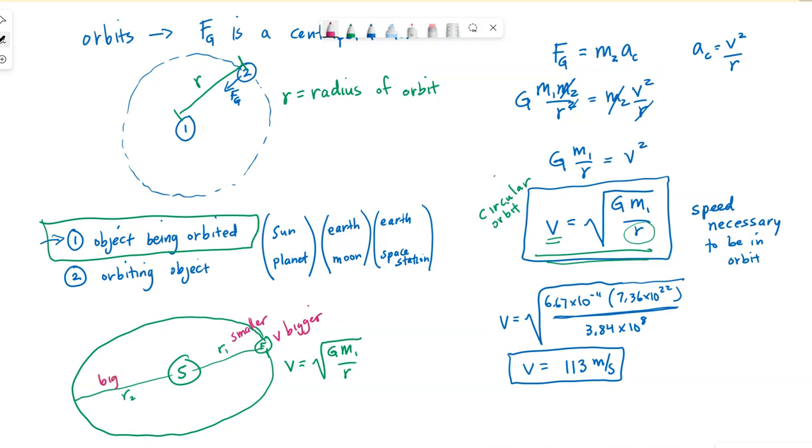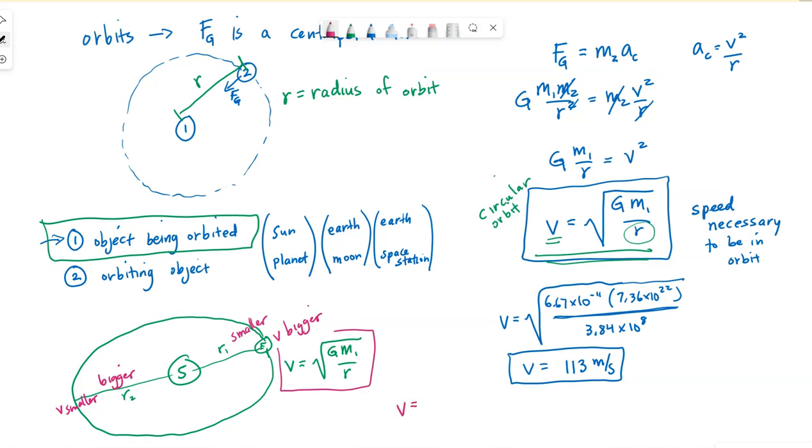If r is bigger, v is smaller. We will go through conservation of energy, which is the best way to explain this. But here we have this general relationship that allows us to reason through it conceptually.